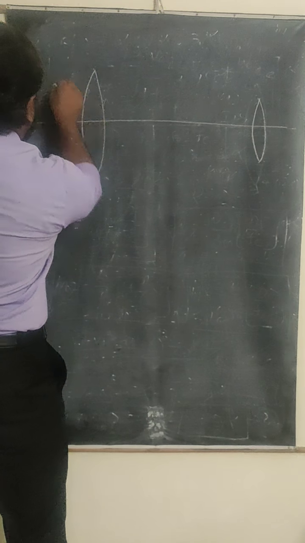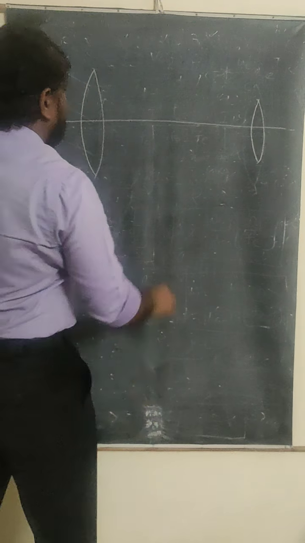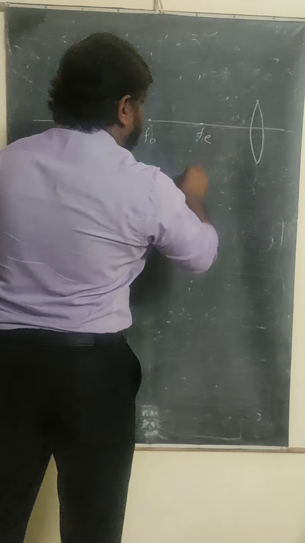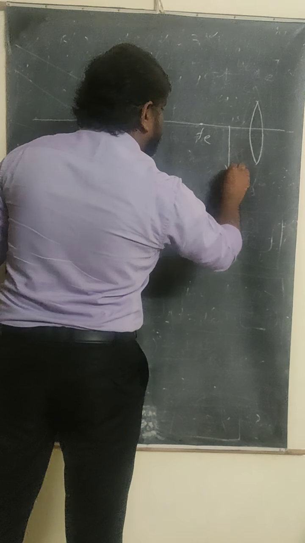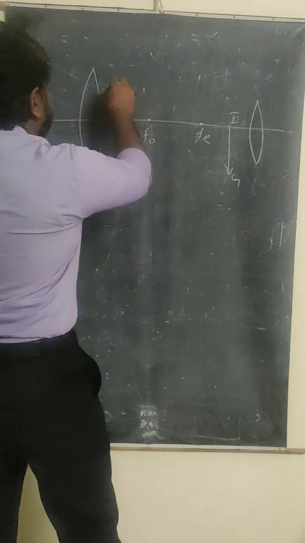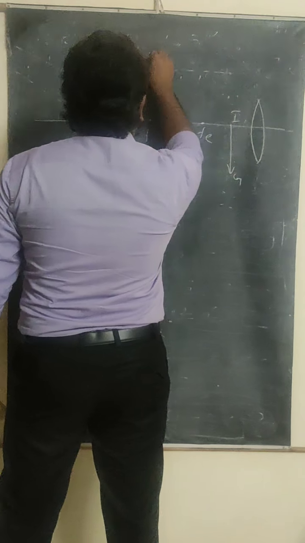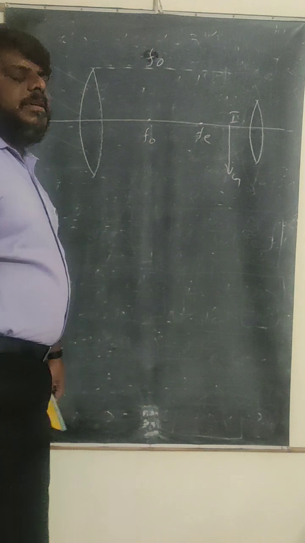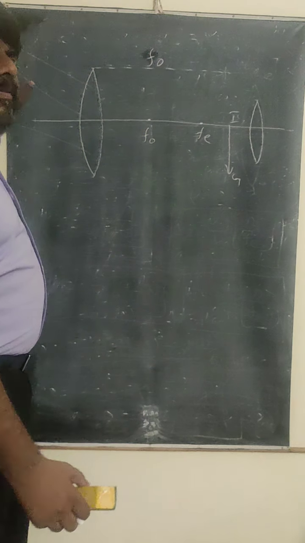The light rays are coming from the infinite object, and this will be represented by F naught, and this will be represented by Fe, and the image is going to be produced here, and this distance can be written as V naught, and this distance is nothing but F naught. Why is it F naught? Because the object is at infinite distance.